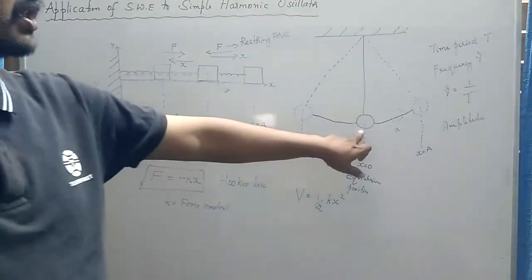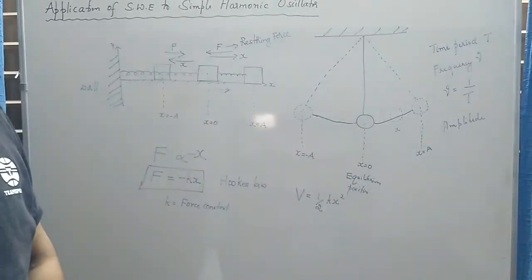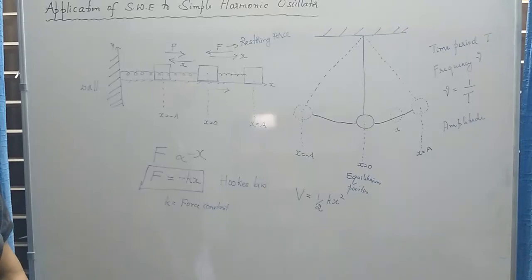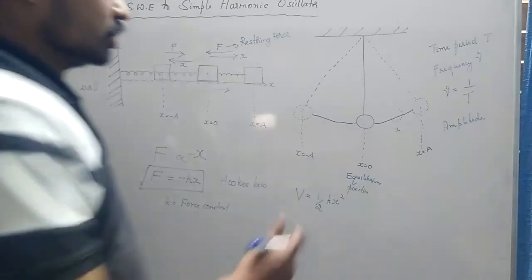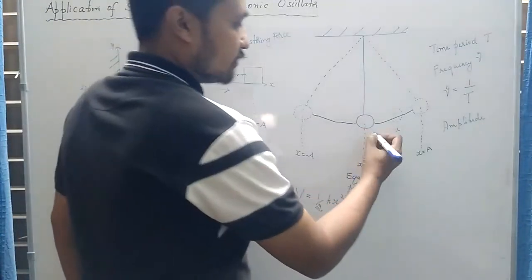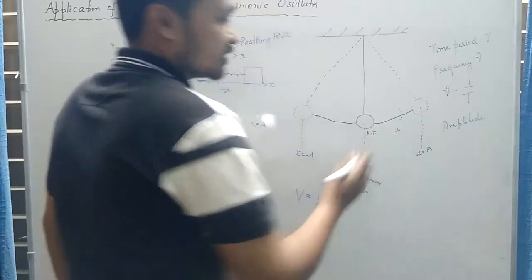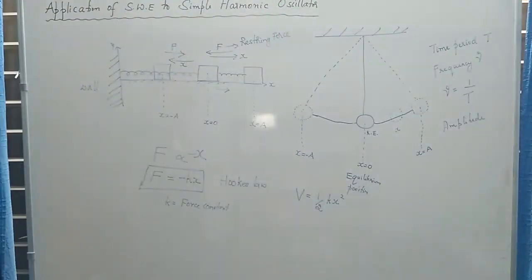So when the particle is in the equilibrium position, no force is acting on the particle, and therefore its potential energy is 0. What does it mean? All the energy is in the form of kinetic energy. So when the particle is in the equilibrium position, all the energy is stored in the form of kinetic energy.